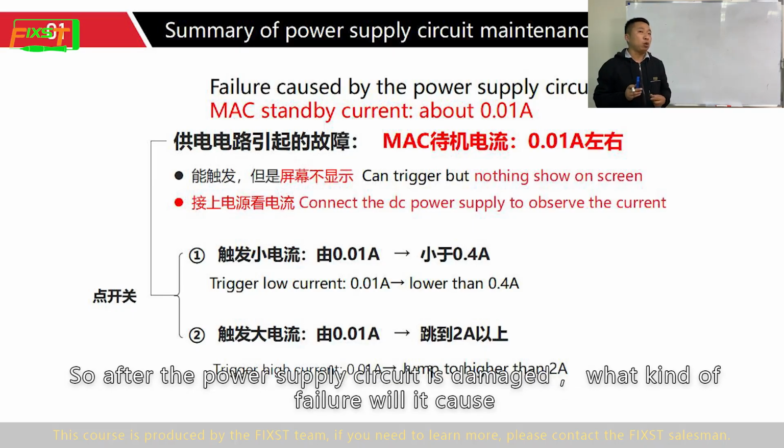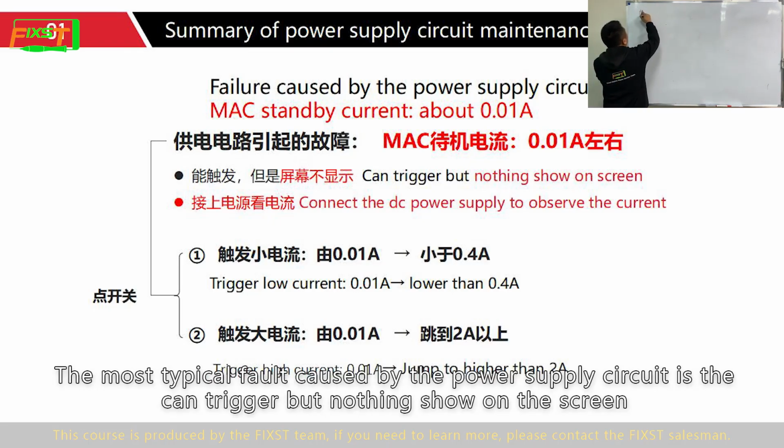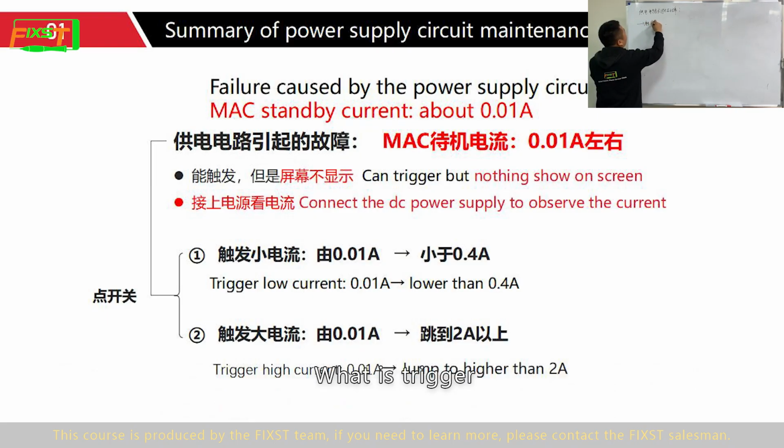So after the power supply circuit is damaged, what kind of failure will it cause? The most typical fault caused by the power supply circuit is that it can trigger but nothing shows on the screen. What is trigger?